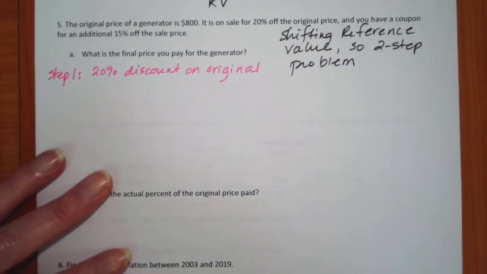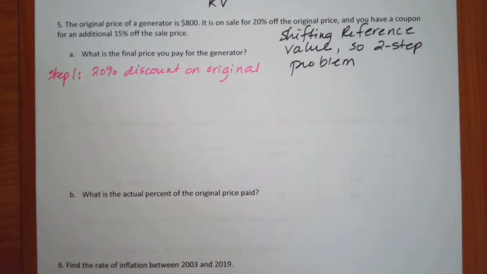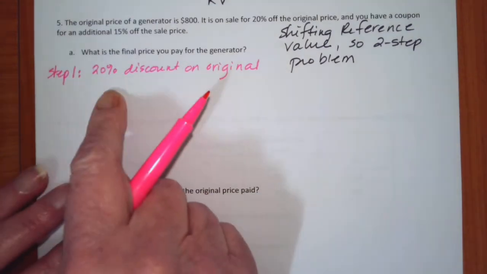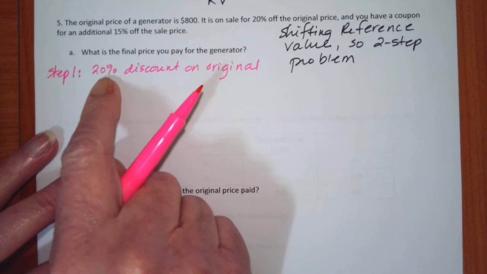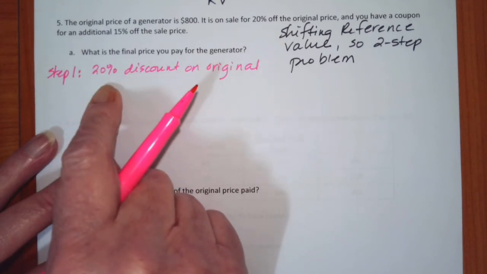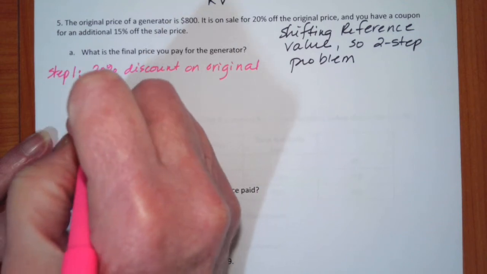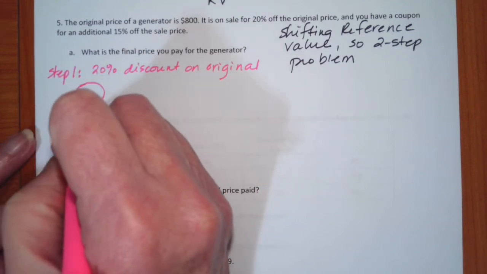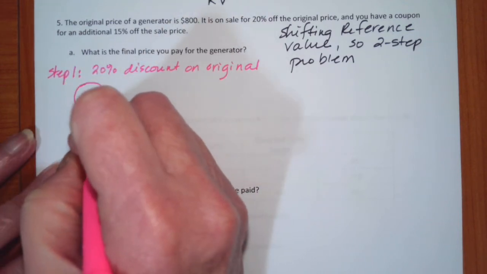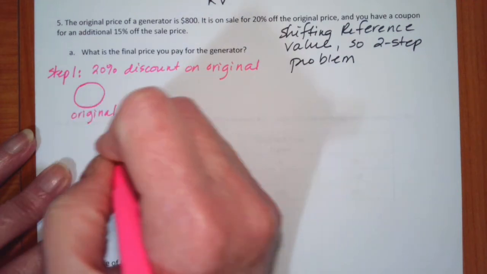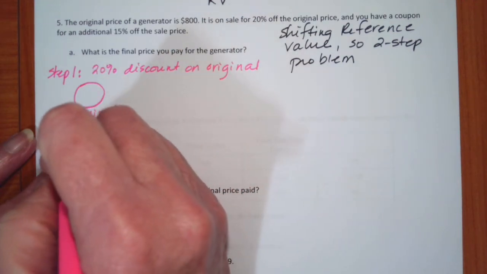Okay, so let's think of that. We need to find the price. So if we have a 20% discount, we're going to have to find out the percent less. So we're going to start out with the original price, which is going to be 100%.